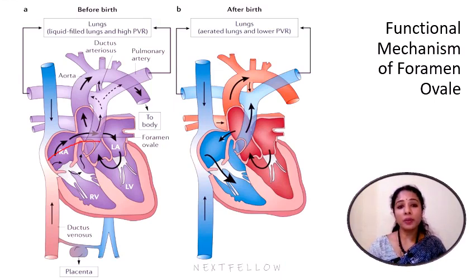As the pressure in the left atrium increases, it pushes the septum primum towards the septum secundum to the right, and it comes in opposition with the septum secundum, and the foramen ovale is closed. That is called physiological closure, and thus blood is prevented from flowing from the left atrium to the right atrium.